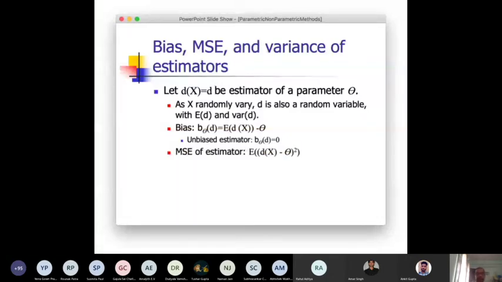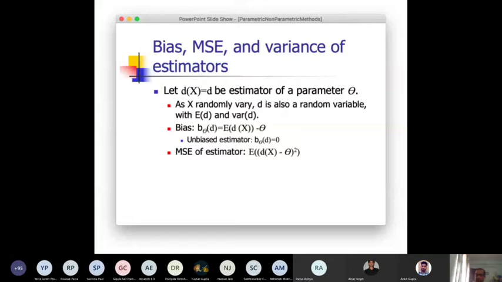And the other one which we will also be considering, instead of calling it variance, we will call that mean squared error, because variance would be the deviations from the expected value of the estimator. But that is not our concern.